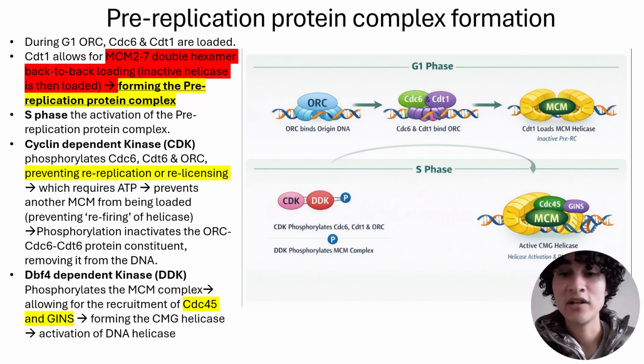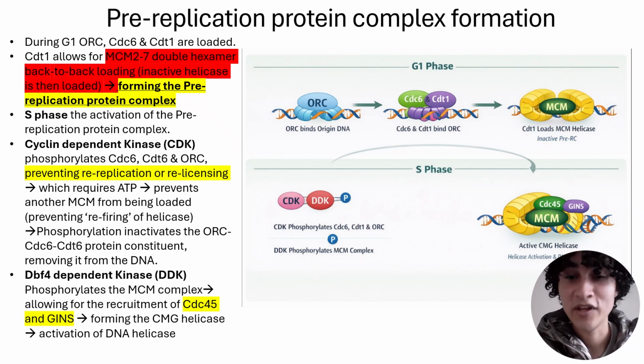So once D-dependent kinase phosphorylates this MCM2-7 dimer, what happens is each of those MCM2-7 constituents that make up this MCM2-7 dimer will recruit respectively a CDC45 and a GINS protein constituent. Okay, and that phosphate coupling causes that conformational change.